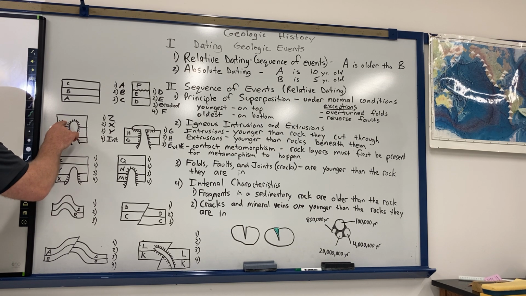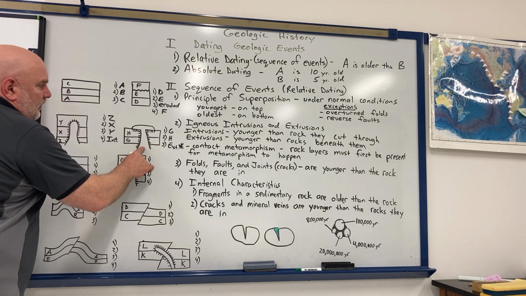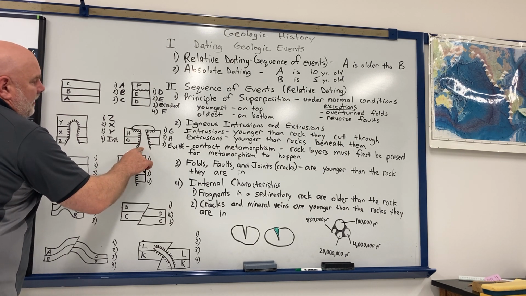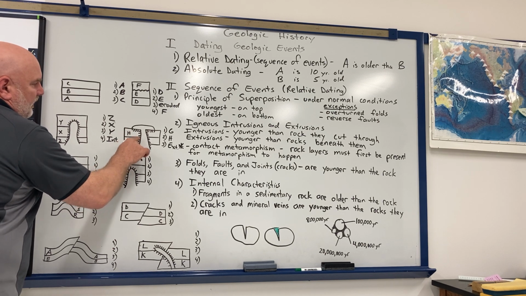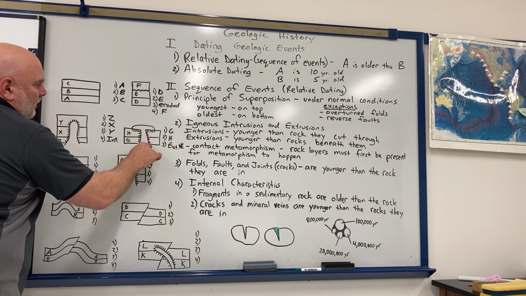That means these rock layers were here when this magma came up, because when this magma came up, the heat from the magma caused that contact metamorphism, right? Now this guy right here, I notice, has the contact metamorphism, so G and H were there first, and I could tell that G and H were there first because there's contact metamorphism there.